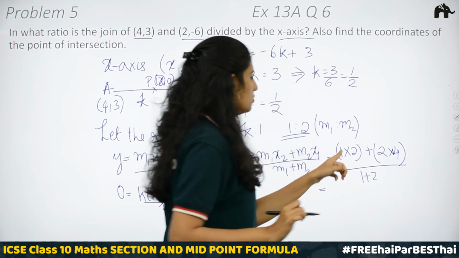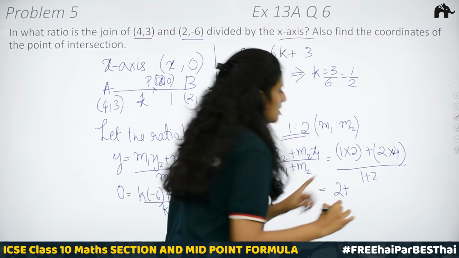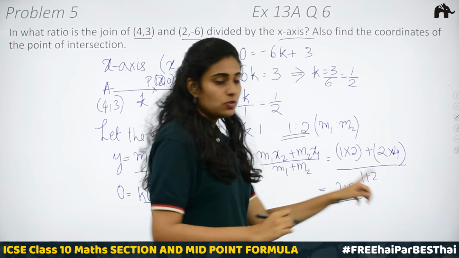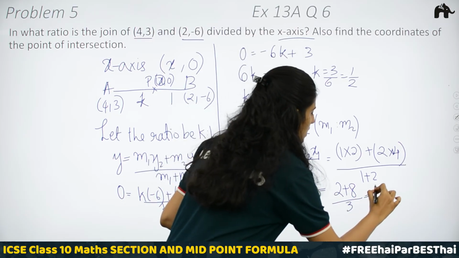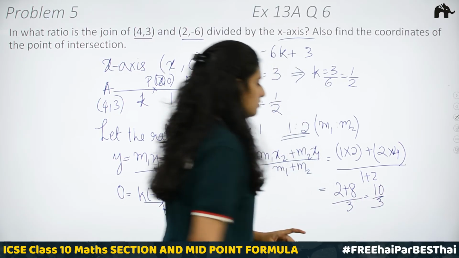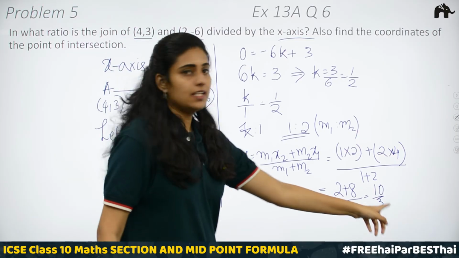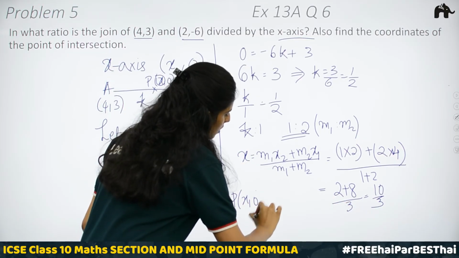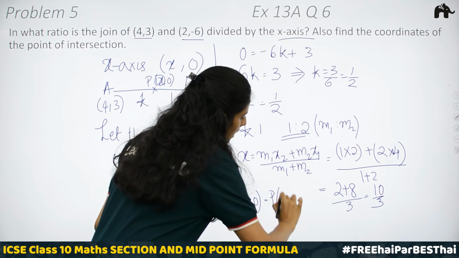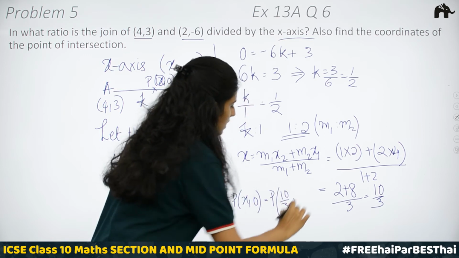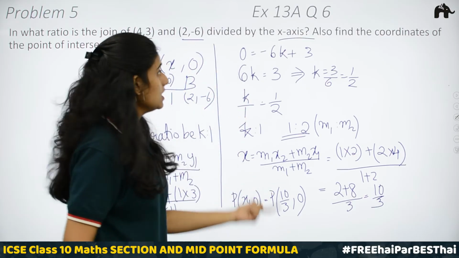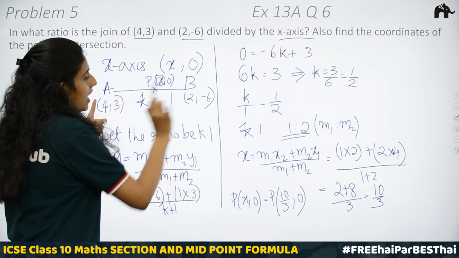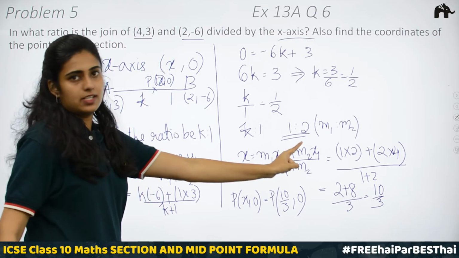That is equal to 2 into 1 is 2, plus 2 into 4 is 8, divided by 1 plus 2, which is 3, which is equal to 10 by 3. We got the x coordinate 10 by 3. Therefore, the point P x 0 is equal to P 10 by 3, 0. This point on the x-axis divides the line joining A and B in the ratio 1 is to 2.